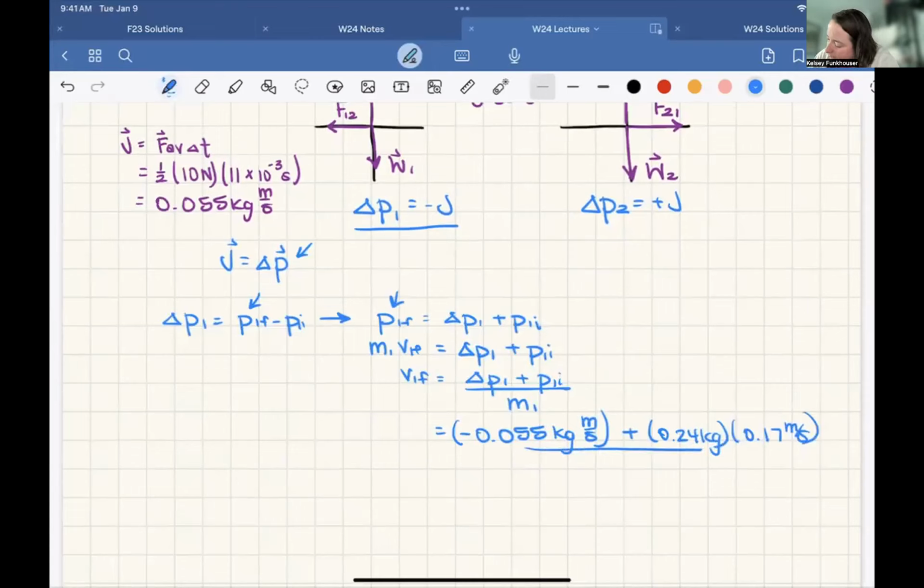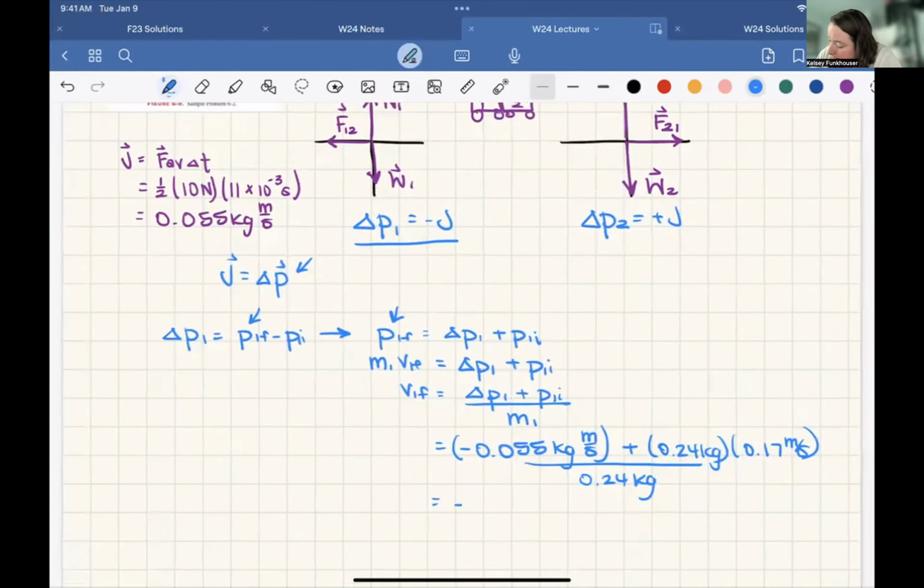The whole thing divided by 0.24 kilograms. So this is negative 0.06 meters per second. So that's the final velocity for mass 1, our cart 1.